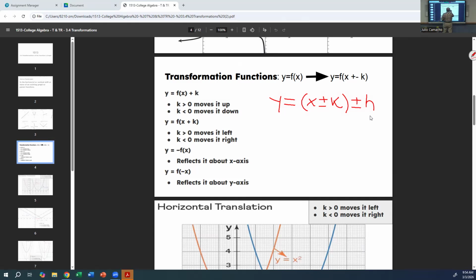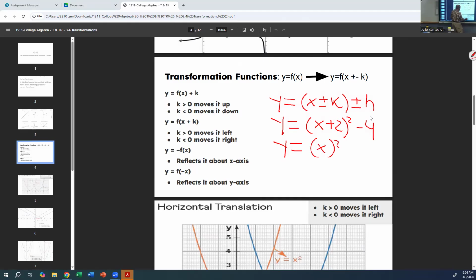That will be equal to, say, y is equal to (x plus 2) squared minus 4. So you can see that the k is the number that has been added or subtracted to the parent function, because the parent function of this was y is equal to x squared.